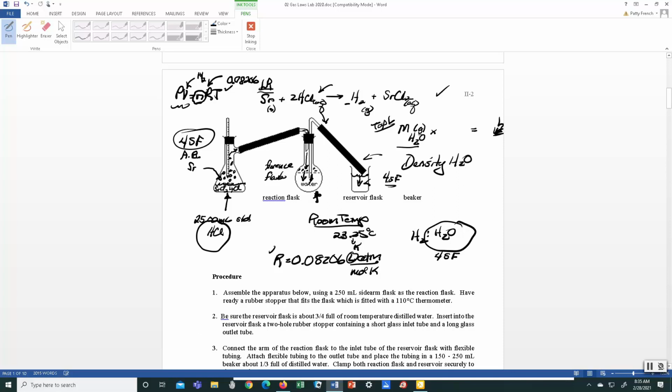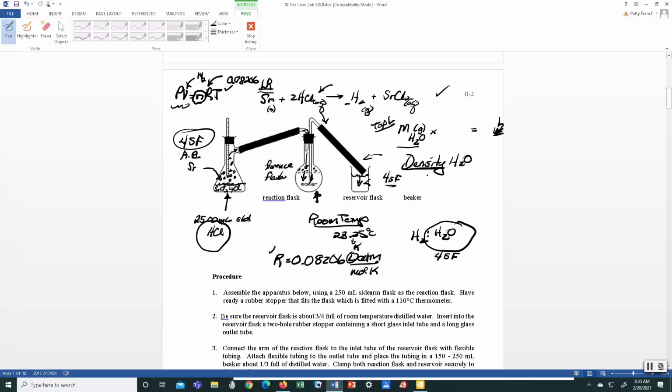This is the type of thing that scientists think of the whole time they're trying to run an experiment, is how careful I want to be, how many significant figures I want to have. So you don't just say 1 gram per milliliter and then convert it. We're going to be using a density chart.